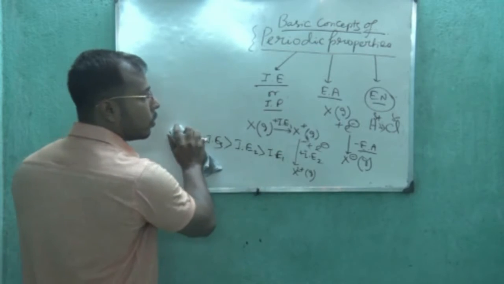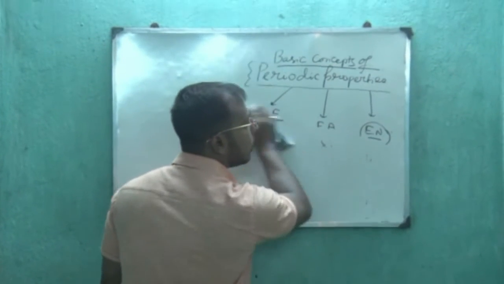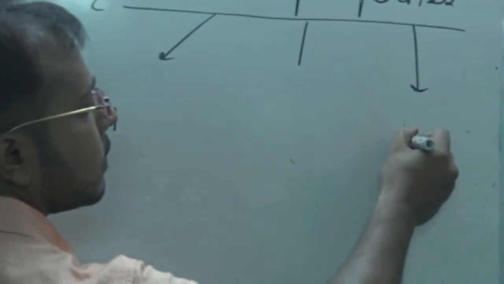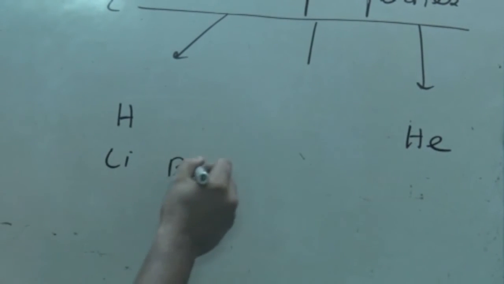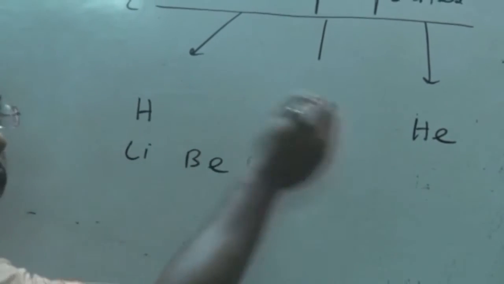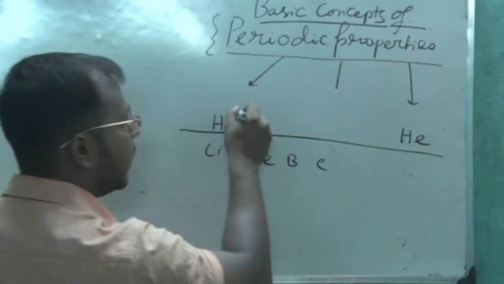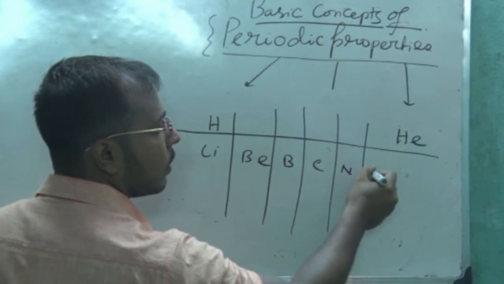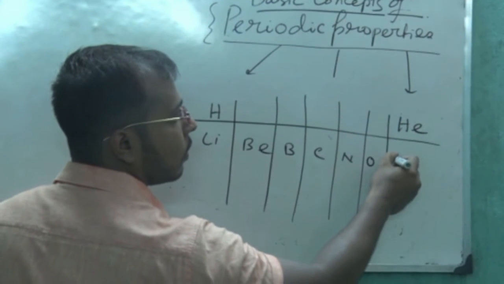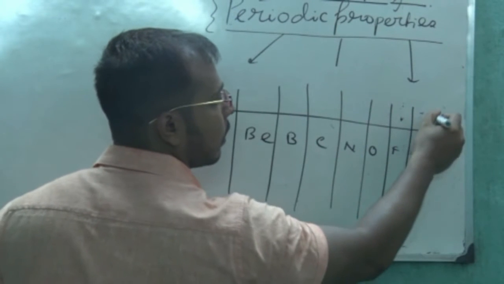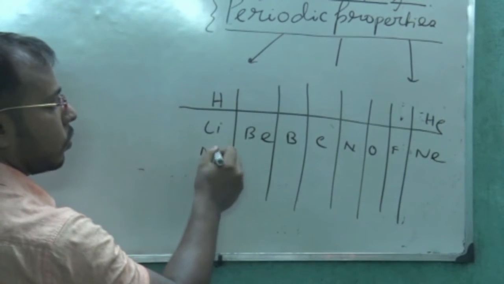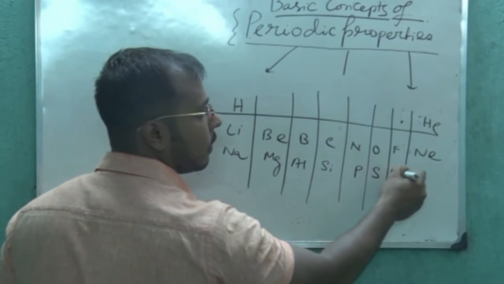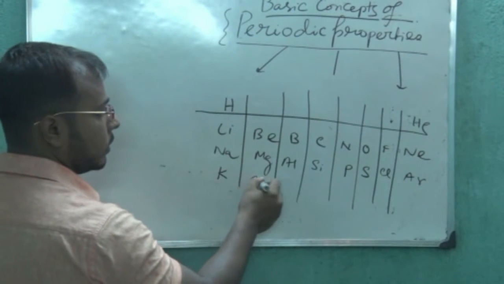Okay, so first of all we need to know, the horizontal line means period: hydrogen, helium, lithium, beryllium, boron, carbon, nitrogen, oxygen, fluorine, and here neon, sodium, magnesium, aluminium, silicon, phosphorus, sulfur, chlorine, argon, potassium, calcium.